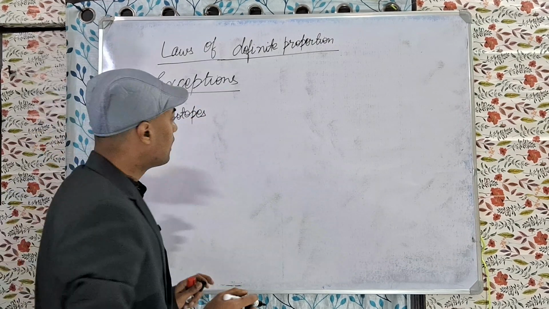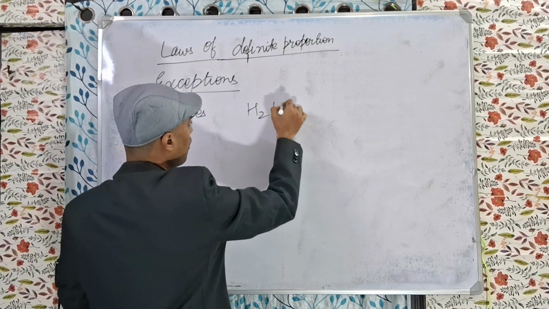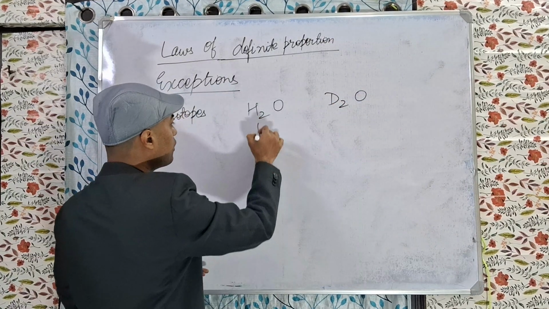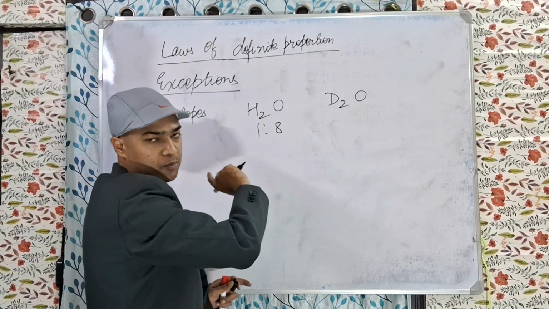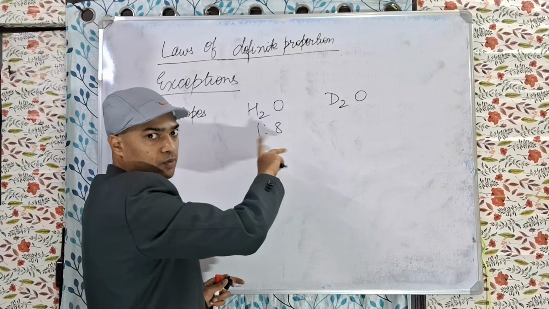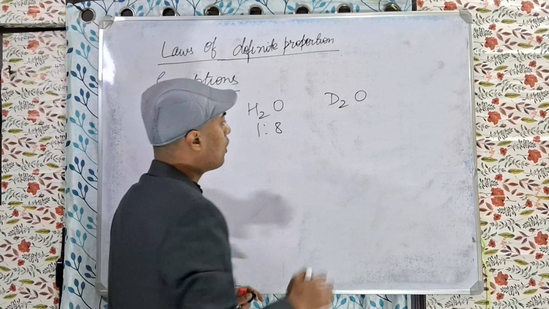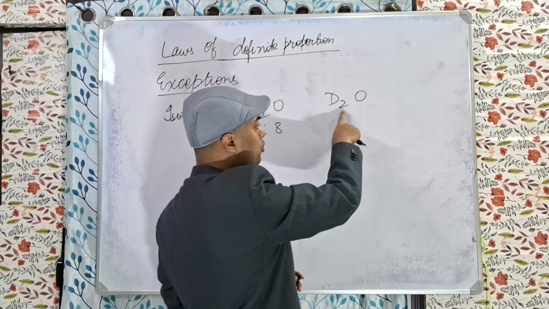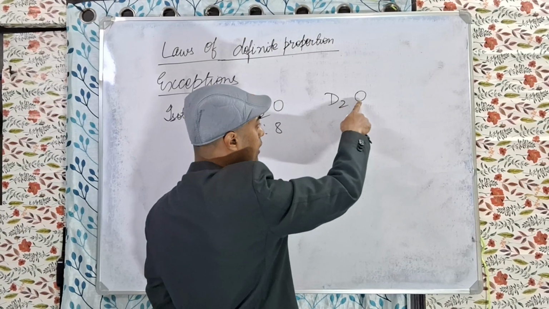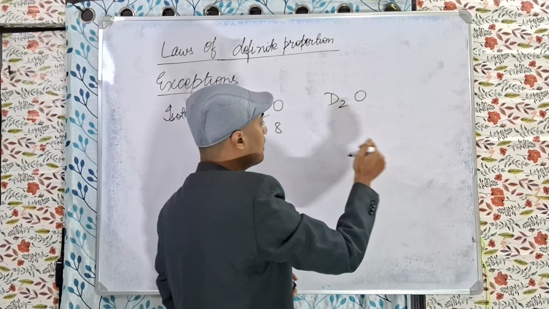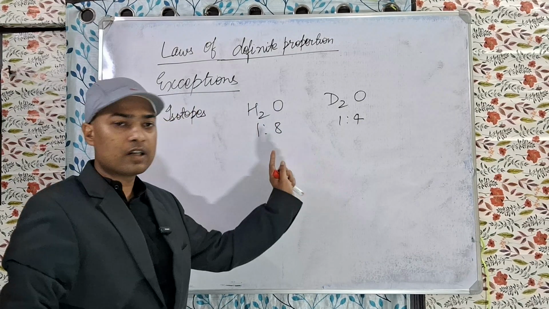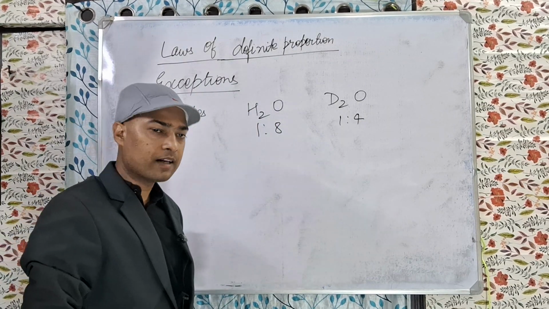We have already talked about H2O and D2O. Here the ratio is 1:8, 2 grams of hydrogen and 16 grams of oxygen. And here 4 grams for D2O, because the mass of deuterium is 2 grams, so 2 deuterium makes 4 grams, and 4:16 is 1:4. So it does not follow the law of definite proportion, as you can see.